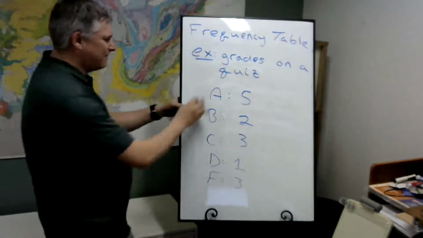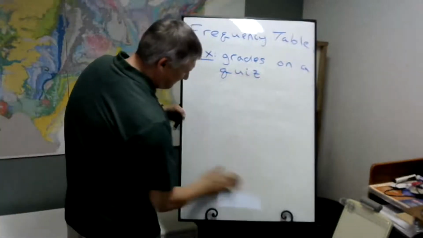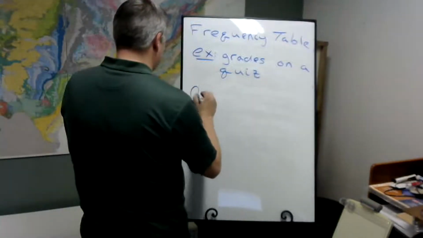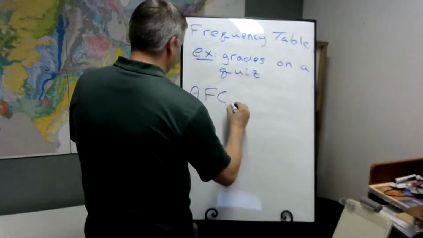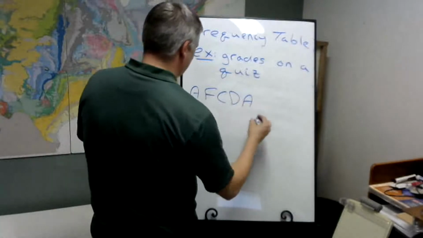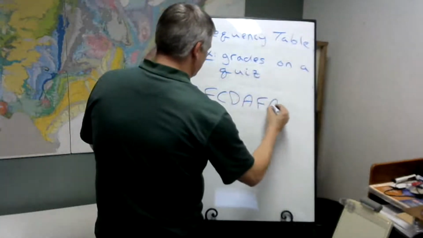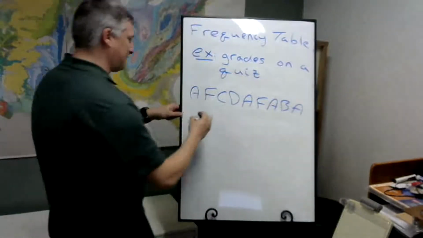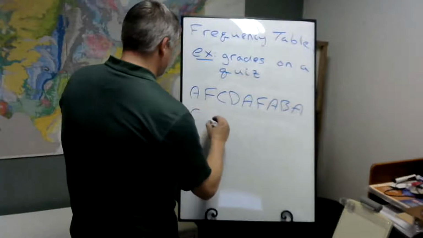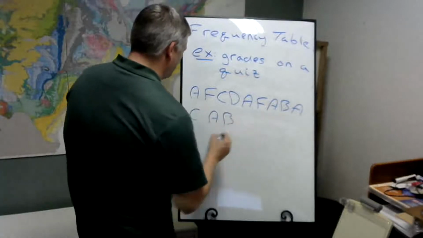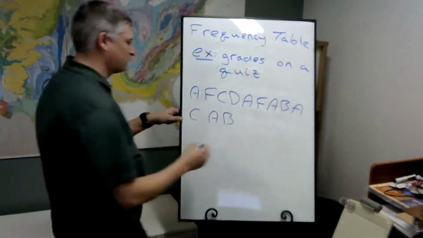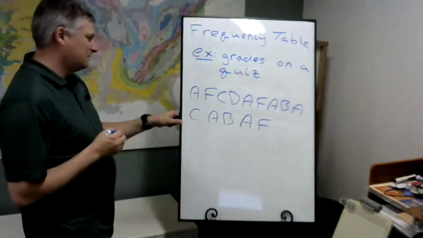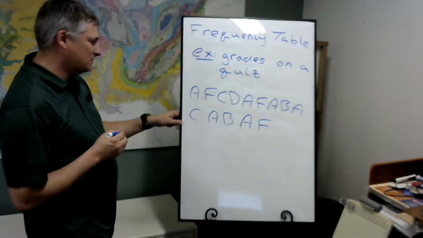Now let me take a step back here. I'm getting a little ahead of myself. Let's say the data was like this. Make sure we've got all of our values.